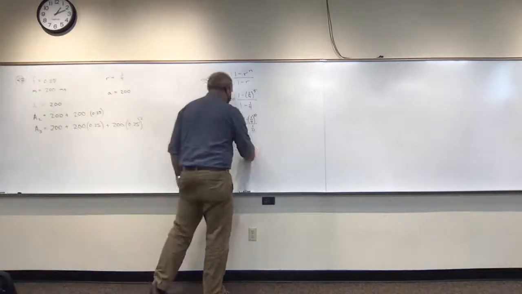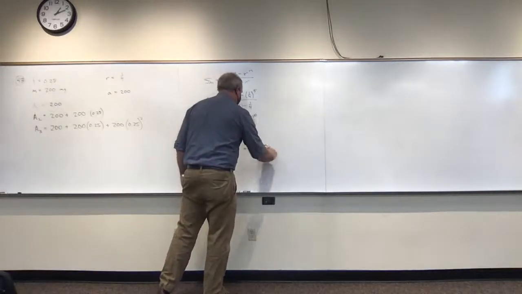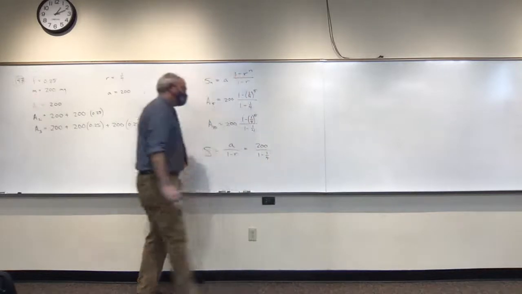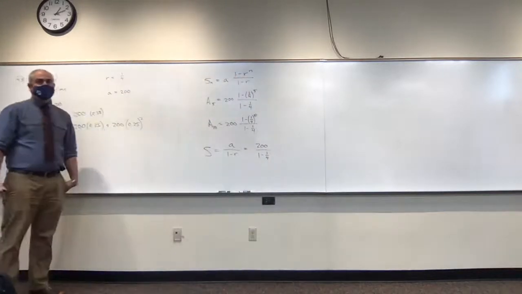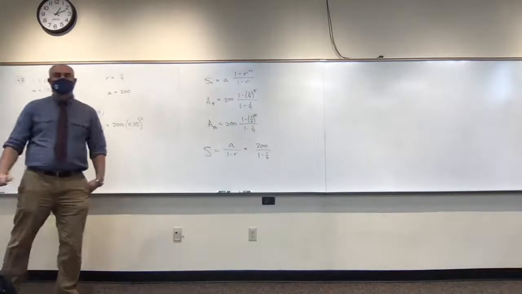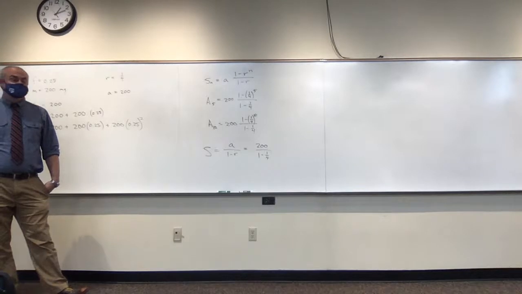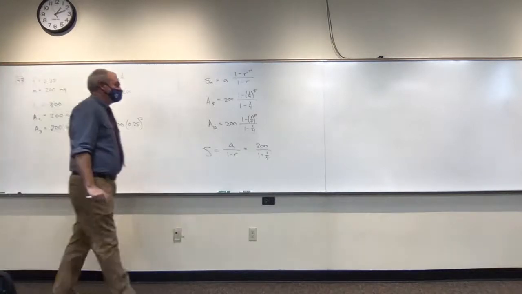In this case, my A is 200 and my R is a 4th, so it's just 200 divided by 1 minus a 4th, which I could calculate if I wanted to, but that's it. Does that make sense? Yes, thank you. Cool.